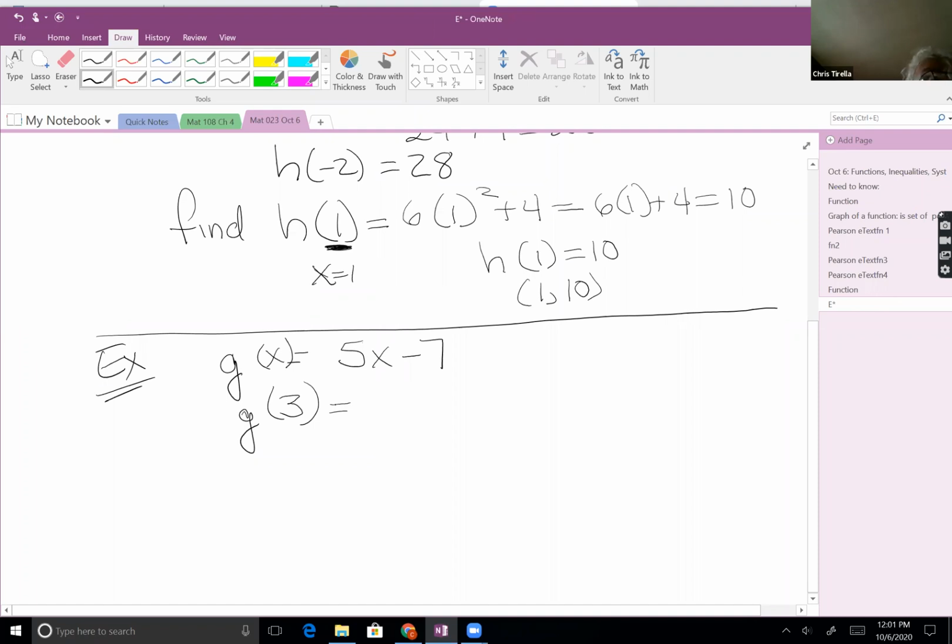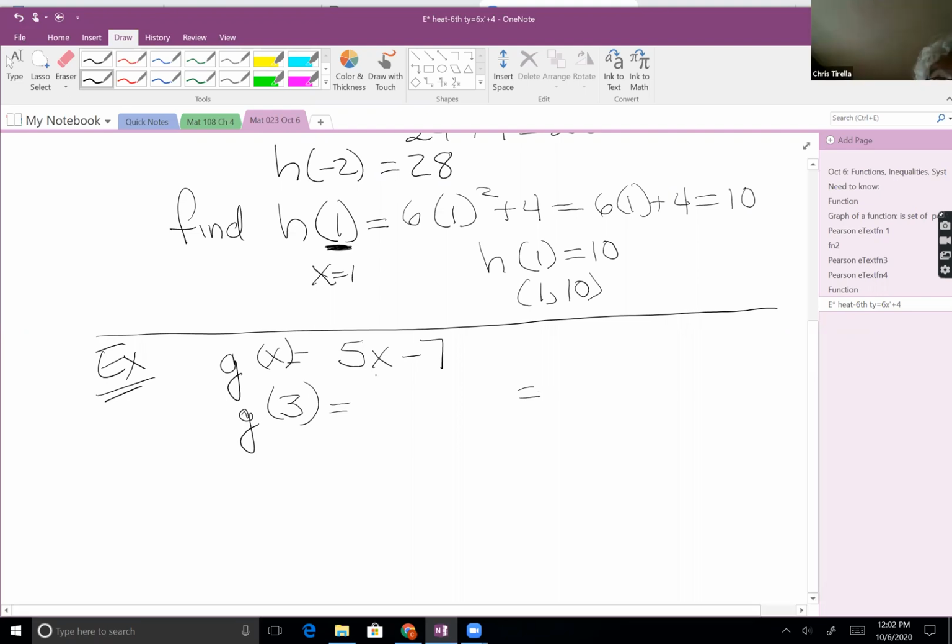I'm going to give everybody a minute to do that. What are you folks getting? g of 3 equals 15 minus 7.